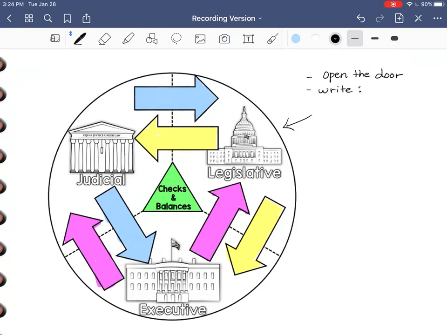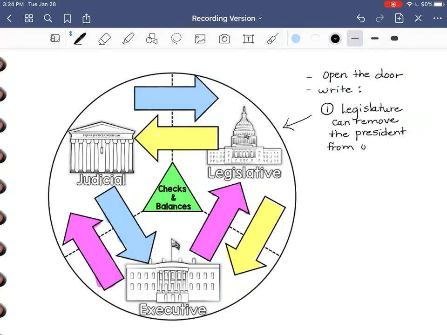This is what I want you to say. First thing, legislature can remove the president from office.